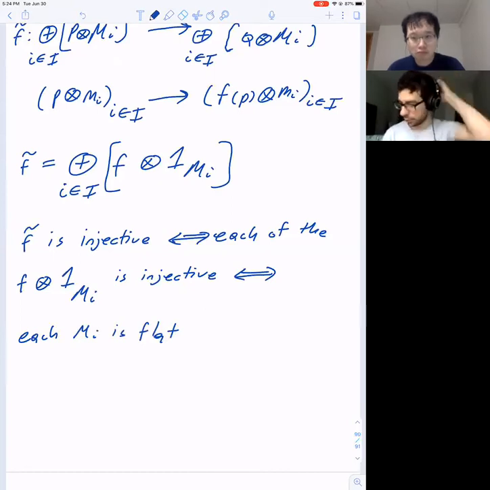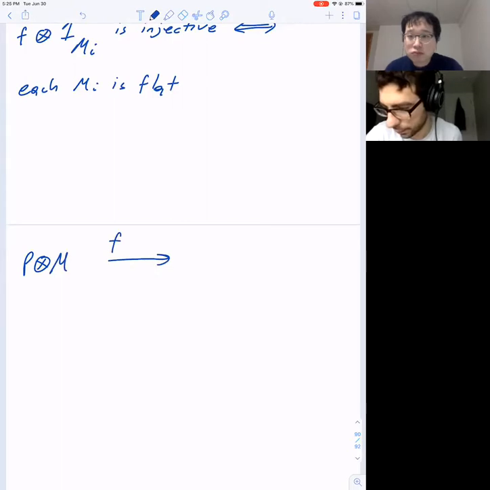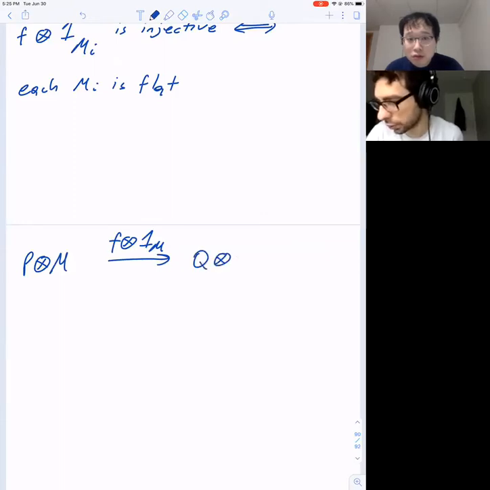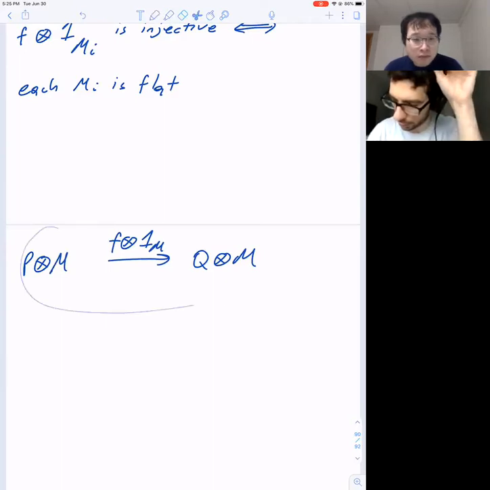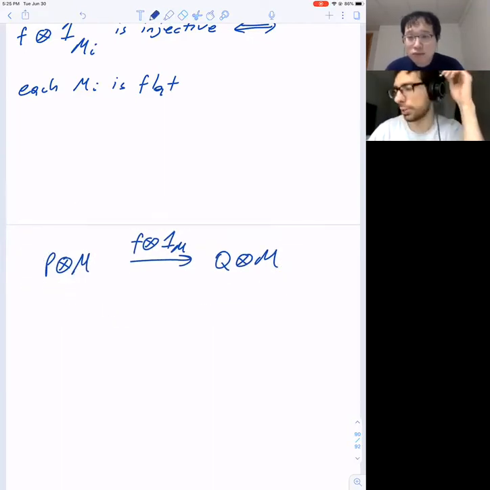So let's go back to our original question. How do I prove that this map, F tensor 1 from P tensor M to Q tensor M, is injective? What are the conditions for this map to be injective?